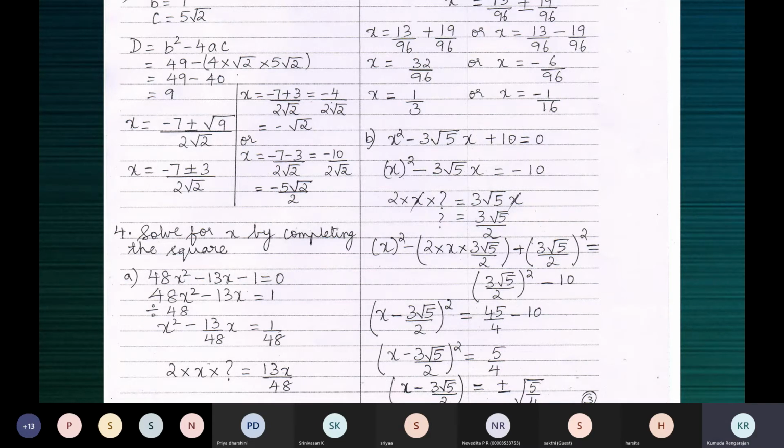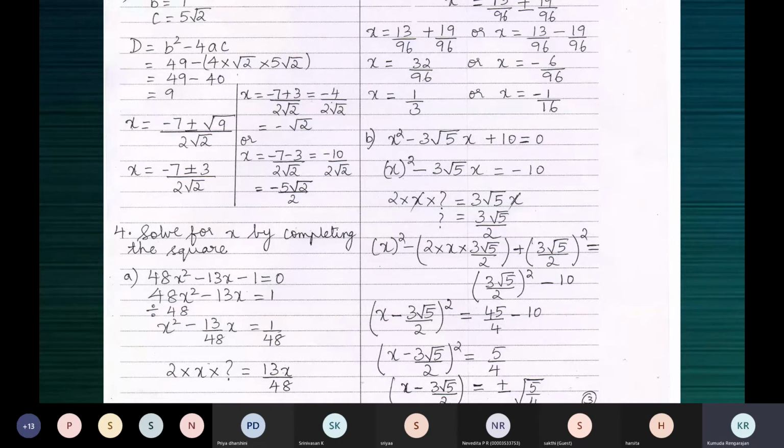Since we have the p square term, we have a term which can serve as p square. We have a term that can serve as plus 2pq or minus 2pq. But we don't have that third term, plus q square. So we're going to solve for x using this method, which is called solving by completing the square.